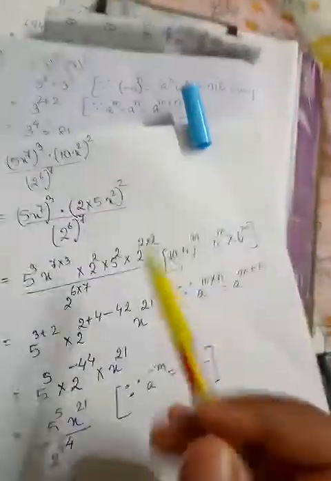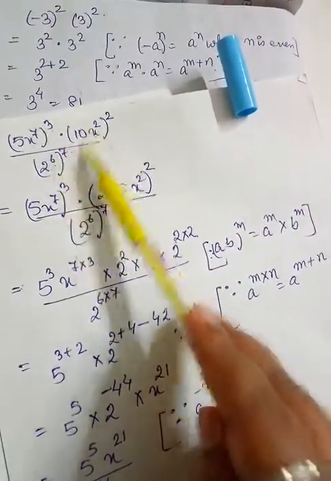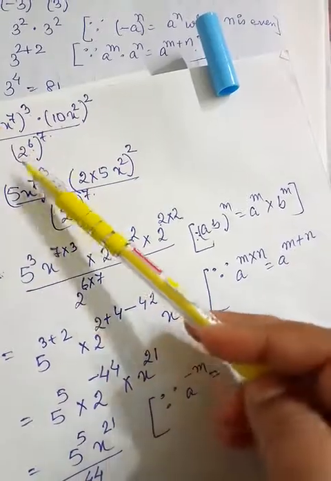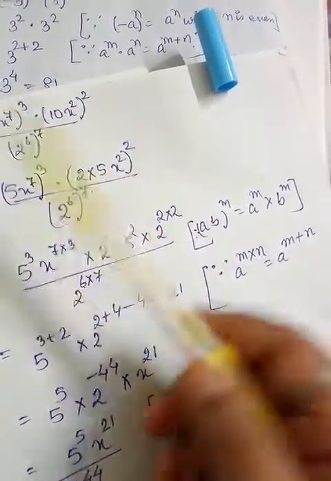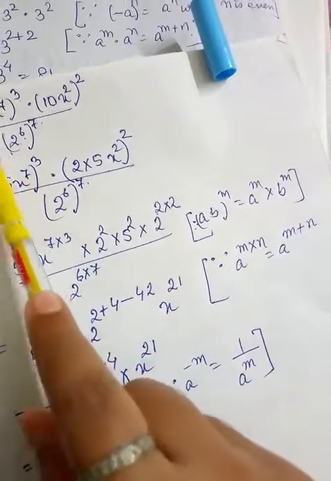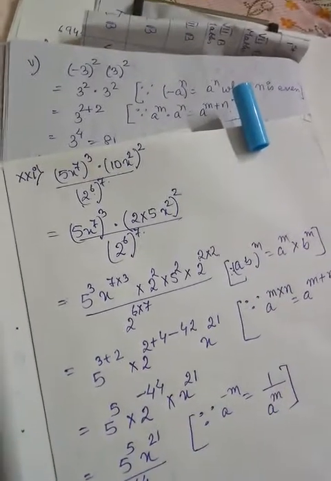So what I was trying to explain is, whenever you are having terms which can be broken down into simpler form, like 10 can be broken down into 5 into 2, so you will break it down, and most importantly you must see what are the other numbers given in the question, and we will try to bring that number in the form of factors of that question.